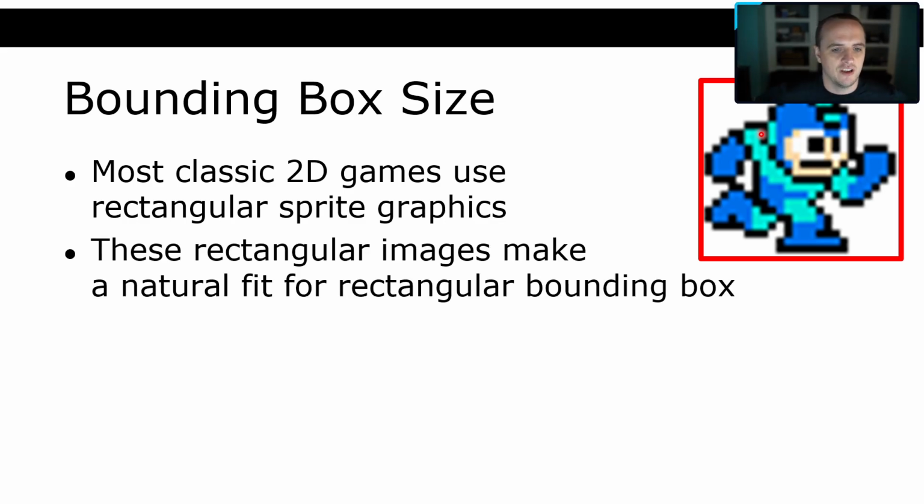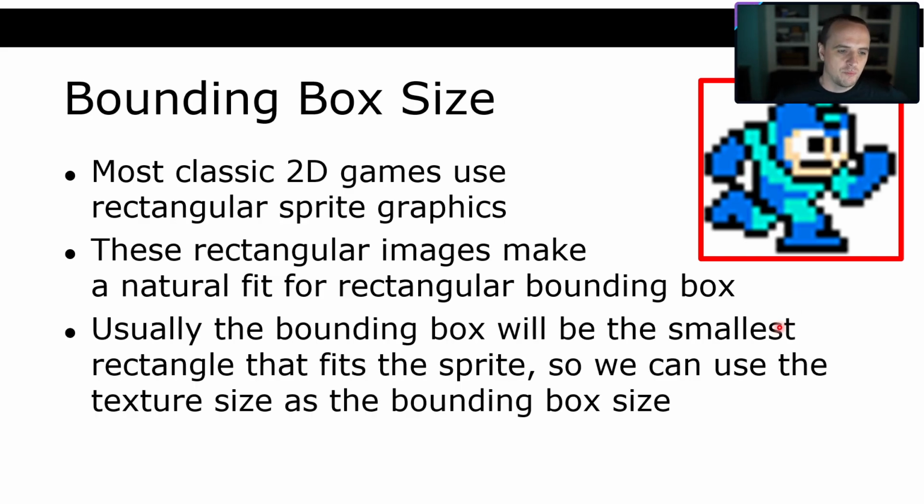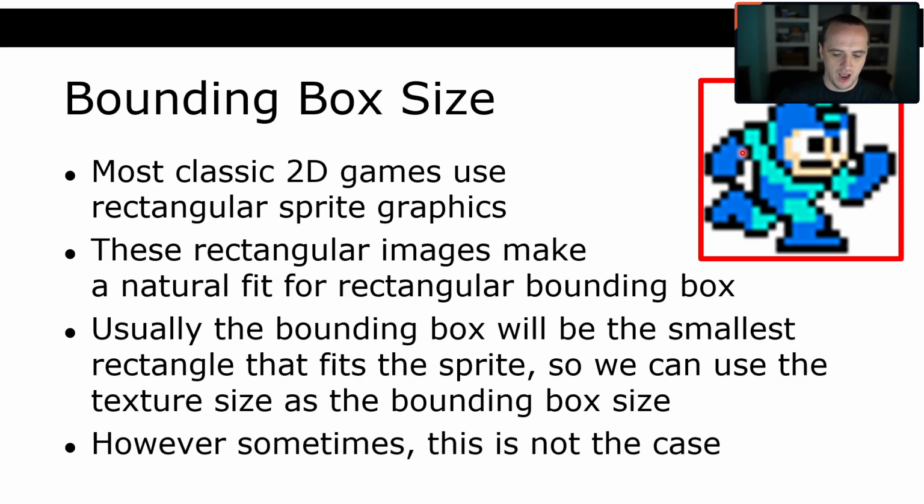These rectangular images make a natural fit for a rectangular bounding box. Usually, the bounding box will be the smallest rectangle that fits the sprite, so we can use the texture size as the bounding box size. However, that's sometimes not the case. So what do I mean by that?